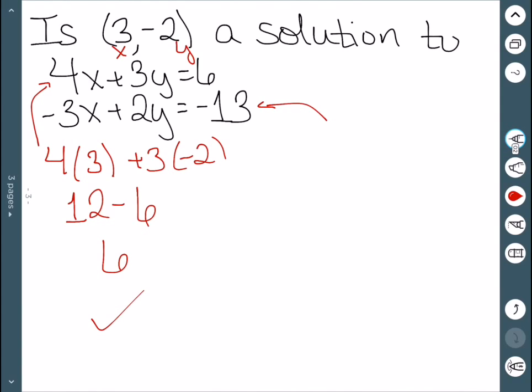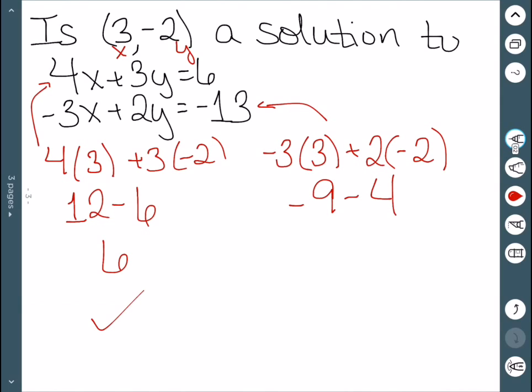For the second equation, -3 times x, which is 3, plus 2 times y, which is -2. That'd be -9 minus 4, which is -13, which is exactly what we needed. Therefore, yes, this is a solution to this system.